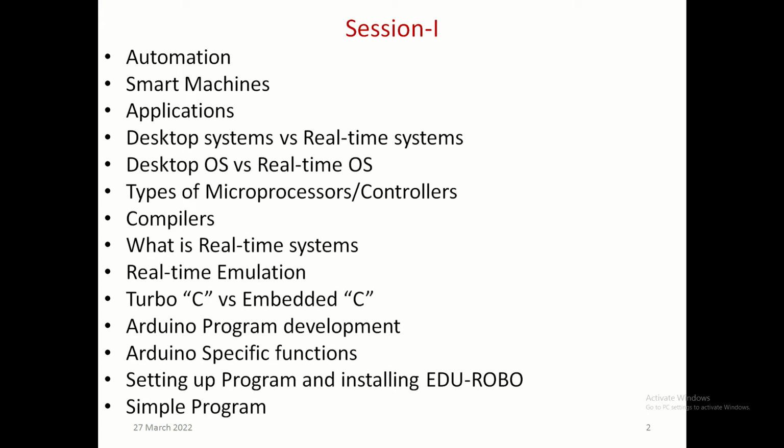That's another interesting topic. And which language do we use? In the entire journey, we will be using what is called embedded C. So let's discuss how this C is different from the C program which we write on computers. And finally, the compiler which we are using, that is the Arduino compiler.